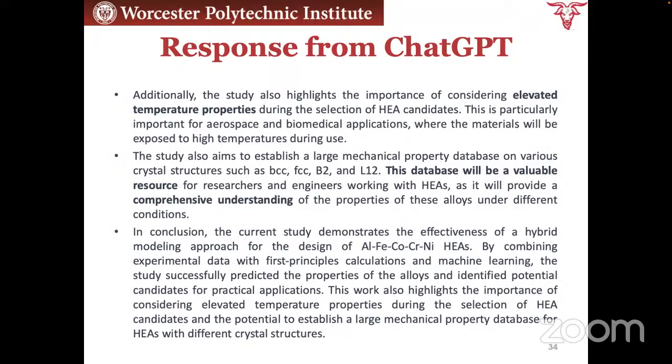The changes are already here, so you have to make some changes. Don't just follow the traditional way to work on materials. Even with the current ChatGPT, don't limit yourself. Don't just use ChatGPT to do the homework, but work on your research in a good way. That's very important.